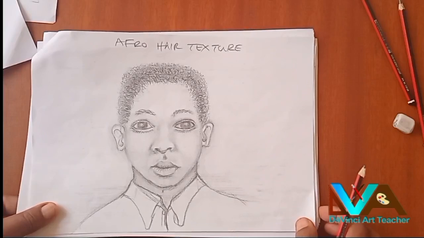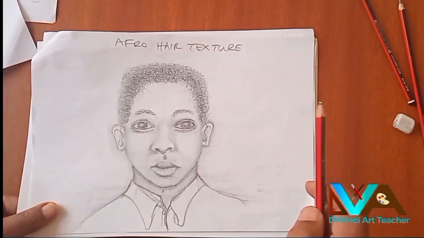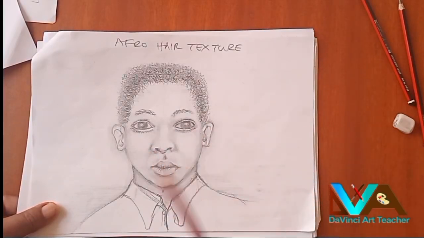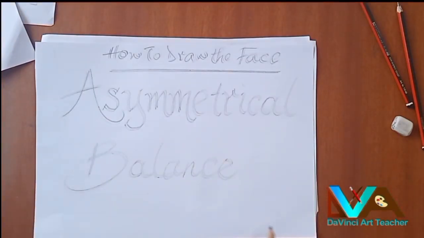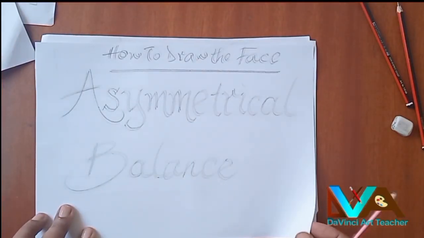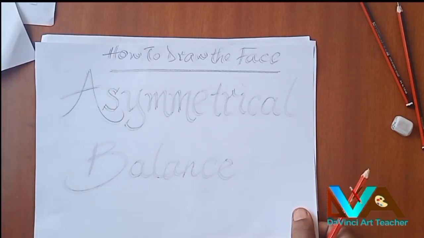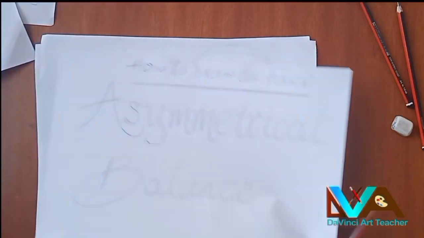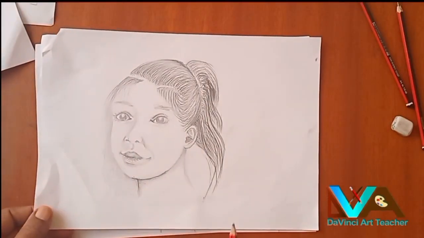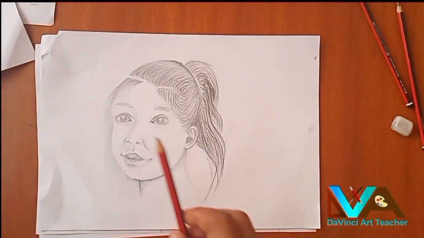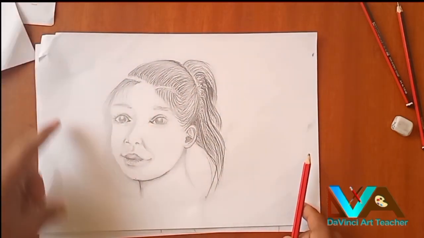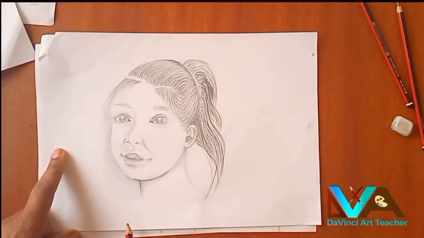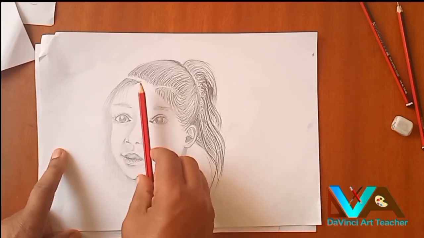So that is why artists came up with another principle called asymmetrical balance. Asymmetrical balance is slightly different from symmetrical balance, because in asymmetrical balance, you create some visual balance for your picture without having to be constrained by an imaginary line of symmetry.